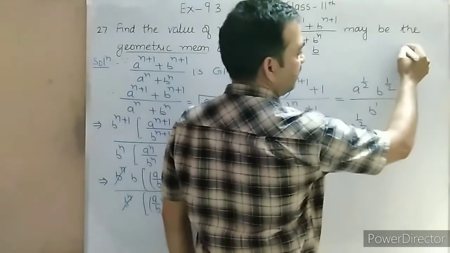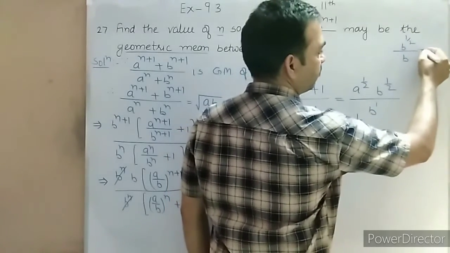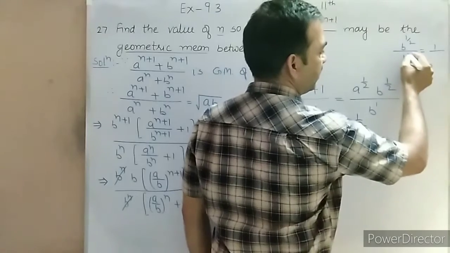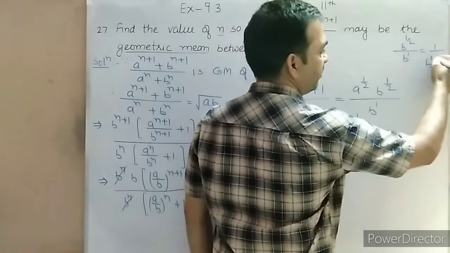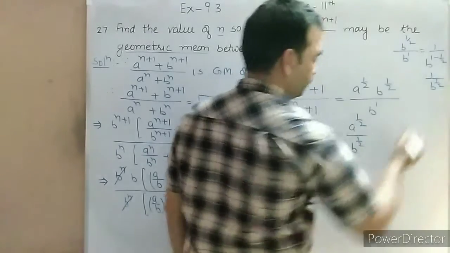As you know very well, b^(1/2) by b is equal to 1 upon b power, here 1, this will be minus 1/2. So 1 upon b^(1/2).